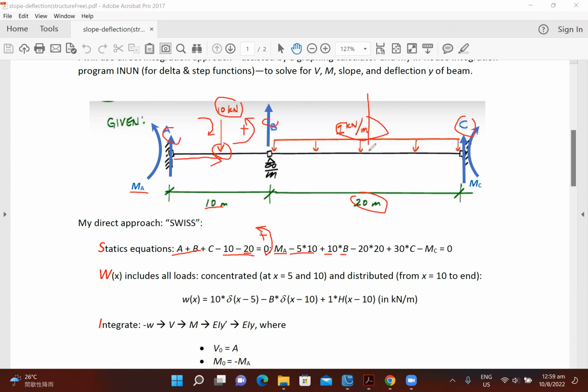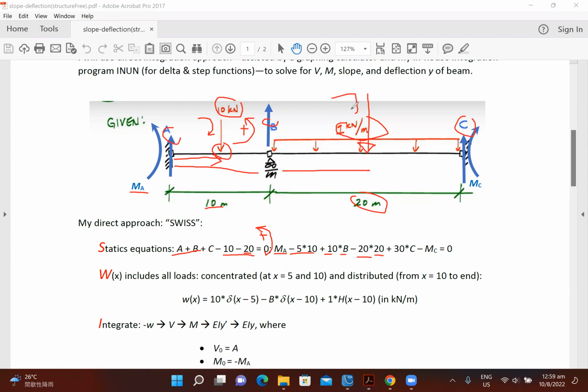And then we pretend this UDL is all concentrated with a magnitude of 20 kilonewtons and a moment arm of 10 plus 10. So that's 20 meters.